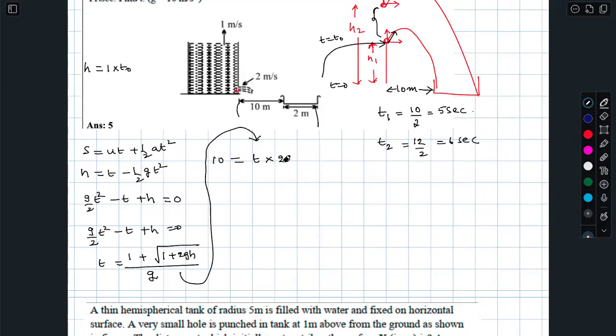Why? Horizontal component is a 2 and horizontal distance to strike is a 10. So T వచ్చేసి 5 seconds అయింది.